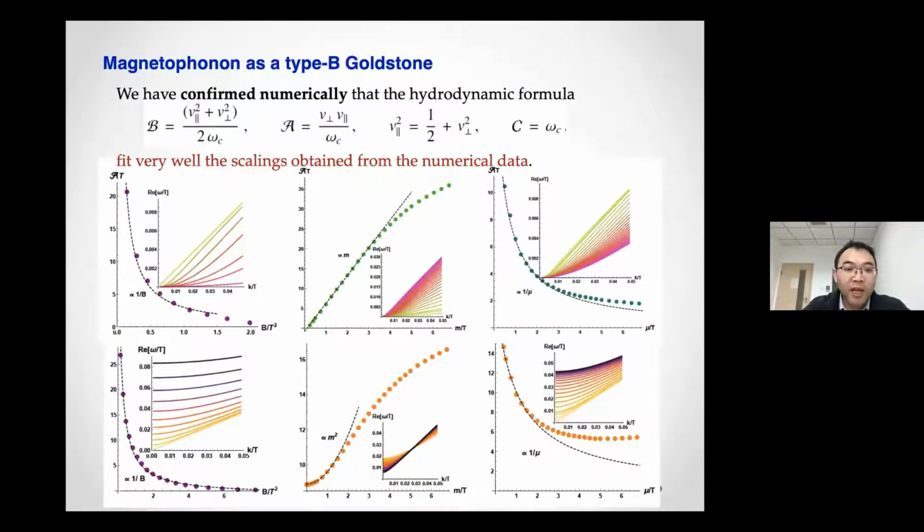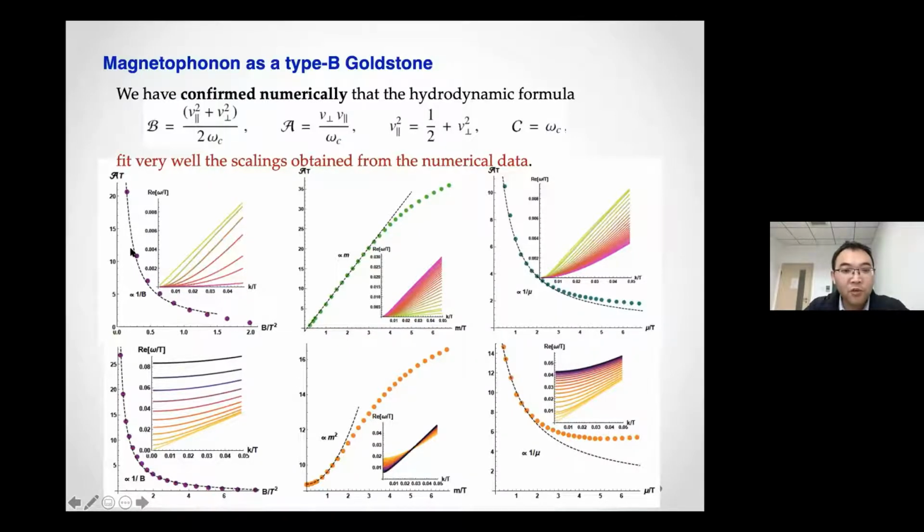Now we have numerically confirmed the hydro formula we just introduced. These two coefficients are given by the velocity and the cyclotron frequency, also given by this relation.